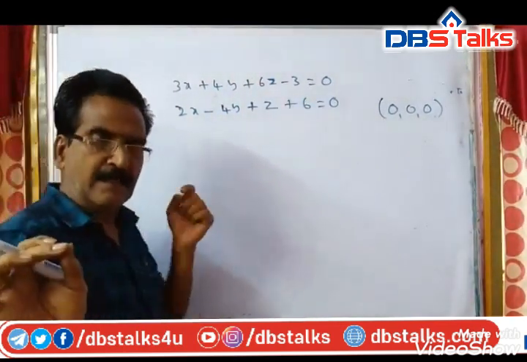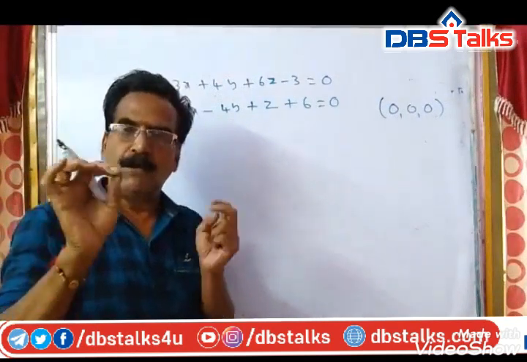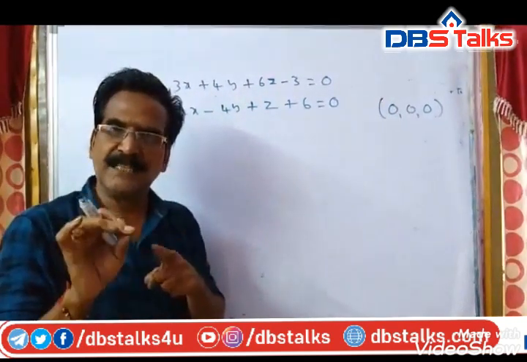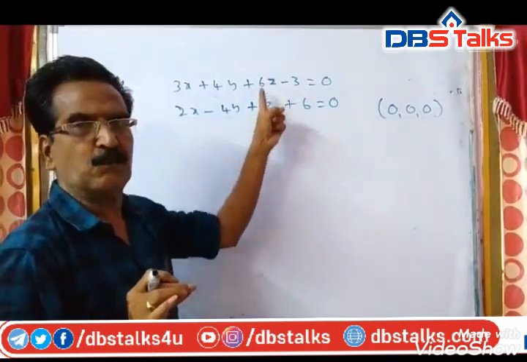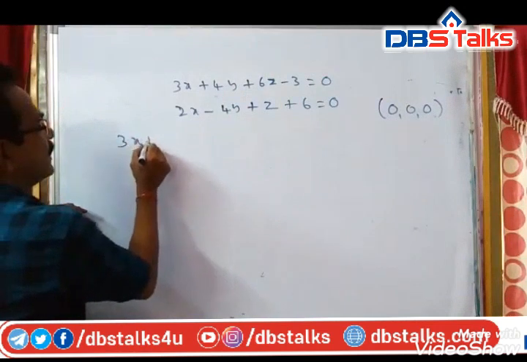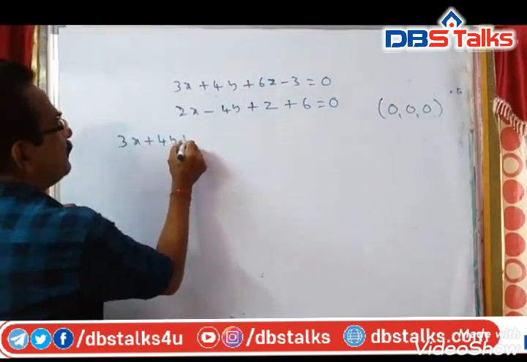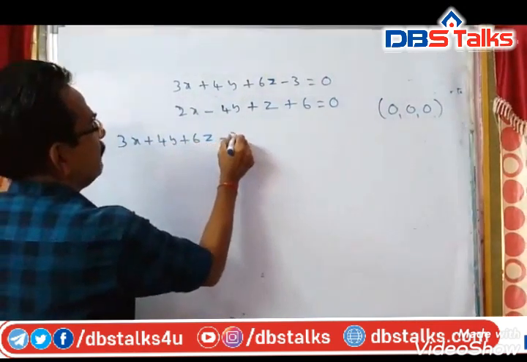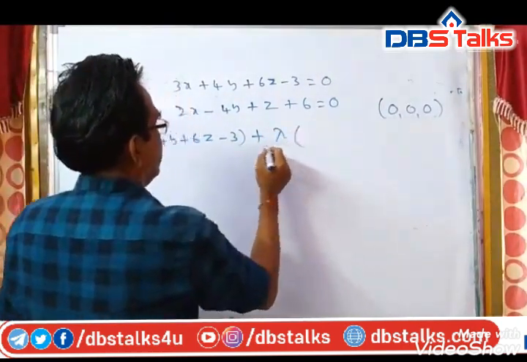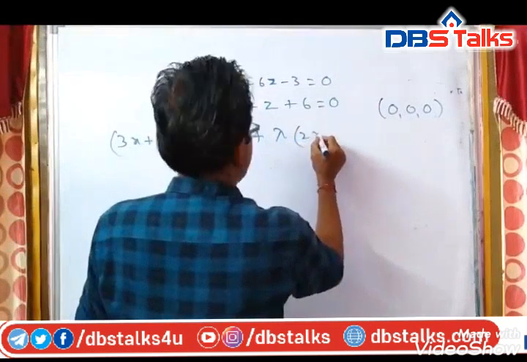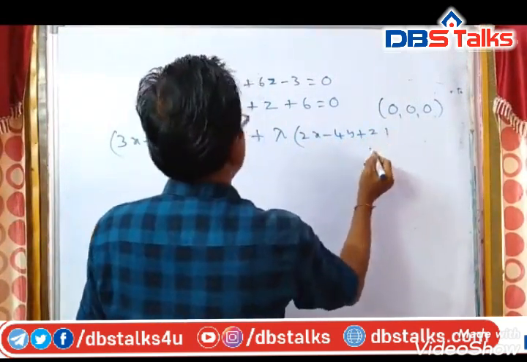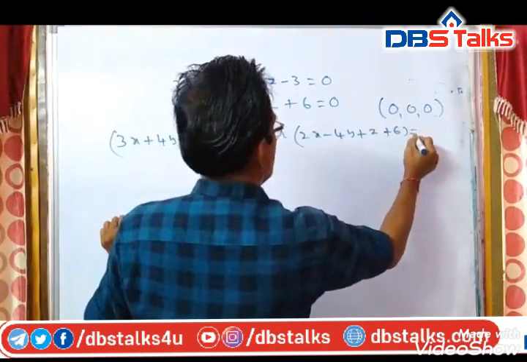It is 3x plus 4y plus 6z minus 3 plus lambda into 2x minus 4y plus z plus 6 is equal to 0.